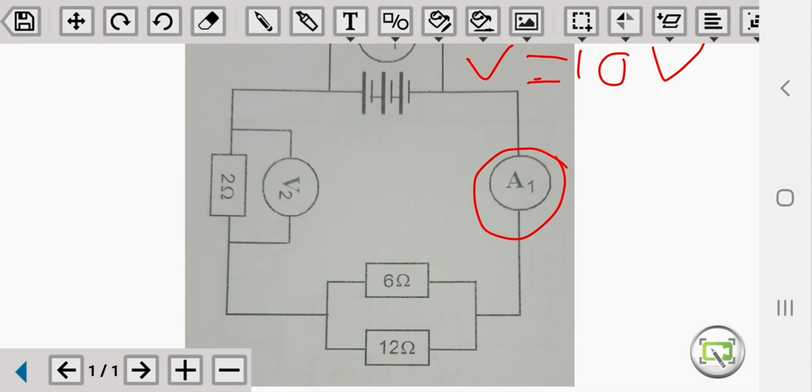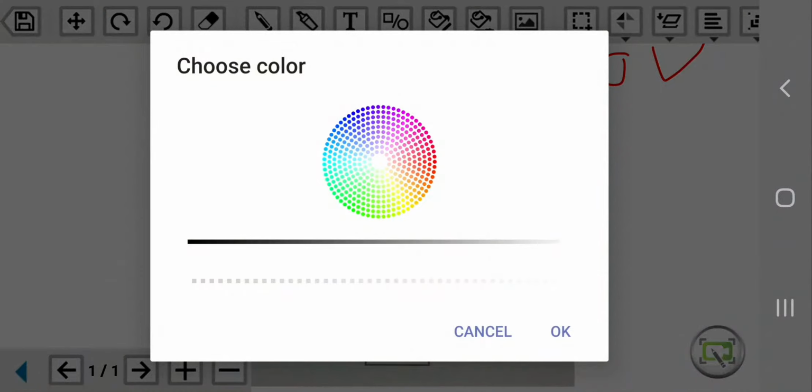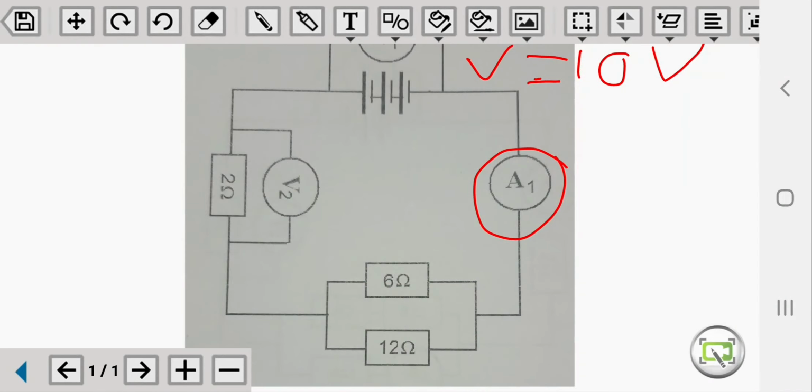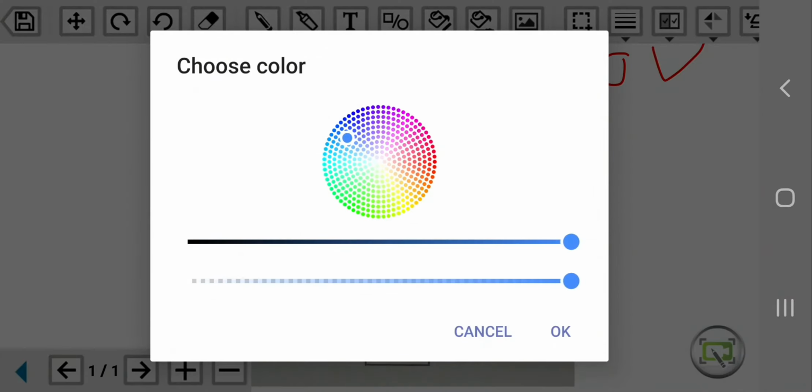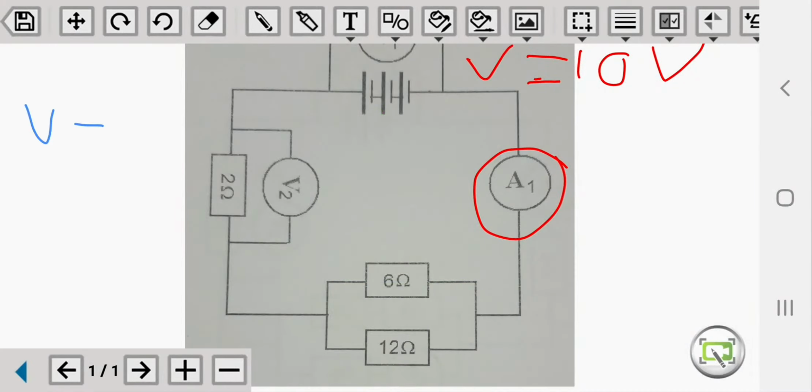Now, because it's part of the main circuit, we will use the main voltage and the total external resistance to calculate that current. We will be using Ohm's law for this, so let's do exactly that.